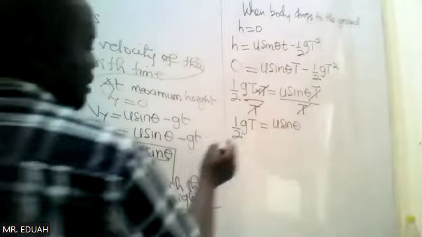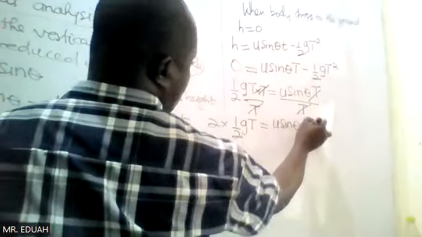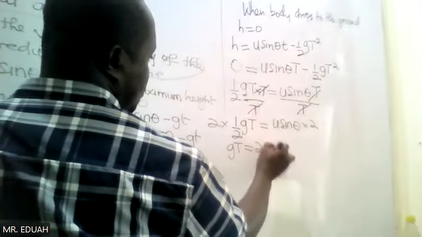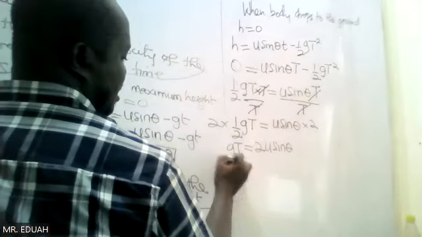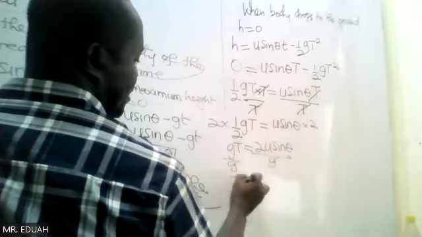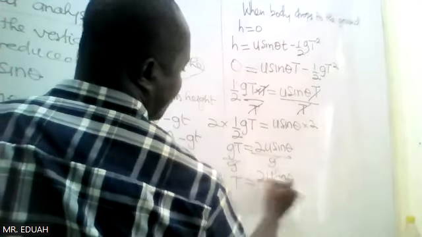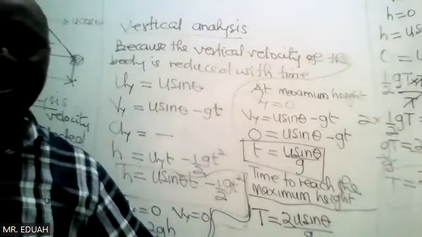When we multiply through by 2, we have JT equal to 2U sine theta. Now when we divide through by J, we have T is equal to 2U sine theta over J. And so this is giving us the same equation we got for the time of flight.